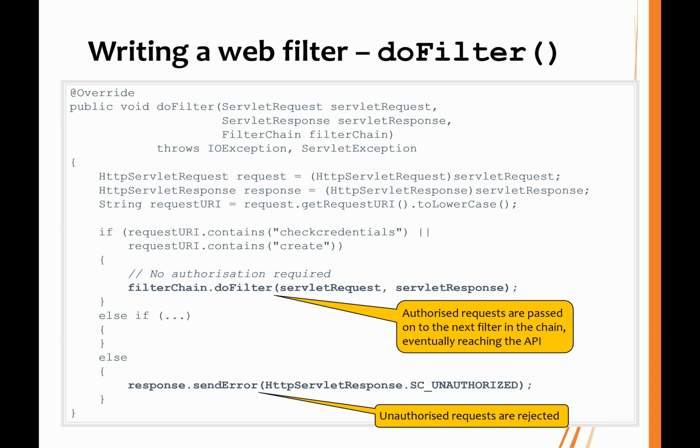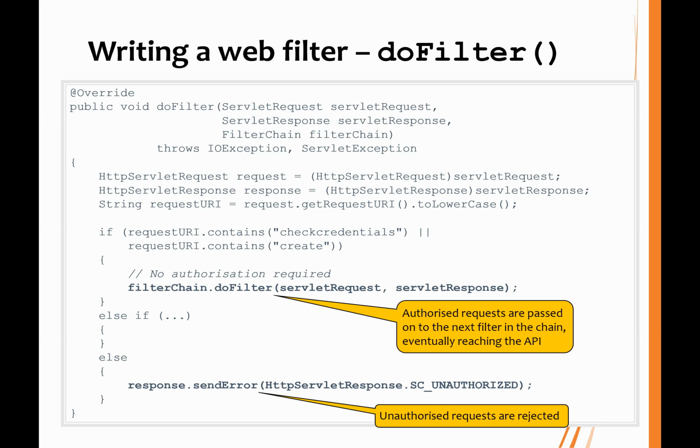When our filter has finished doing its work, it will pass the request on to the next filter in the chain. And it's possible that there were other filters earlier in the chain that have done their processing before sending the request to our filter. So if we want to send the request on, we just call filterchain.DoFilter.